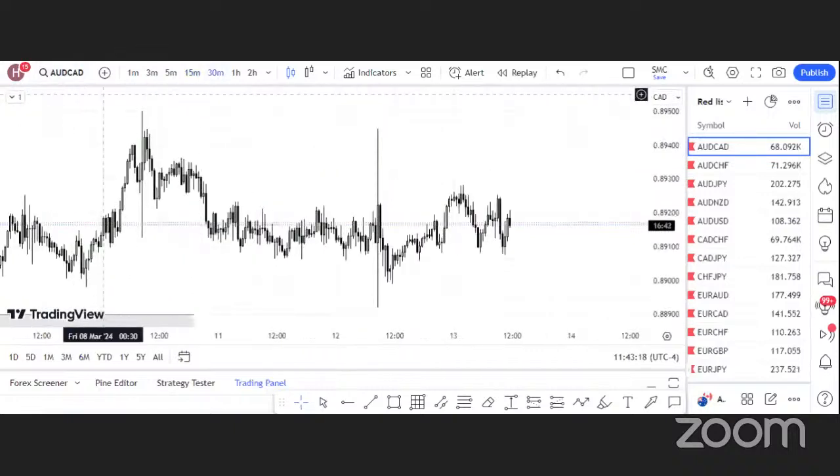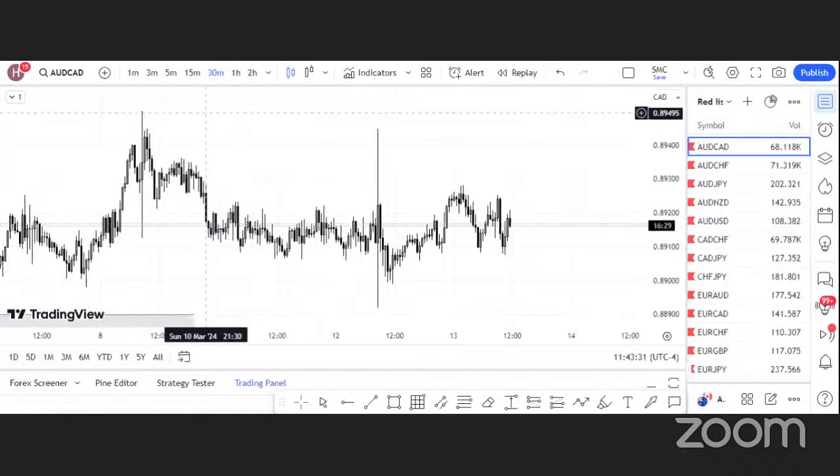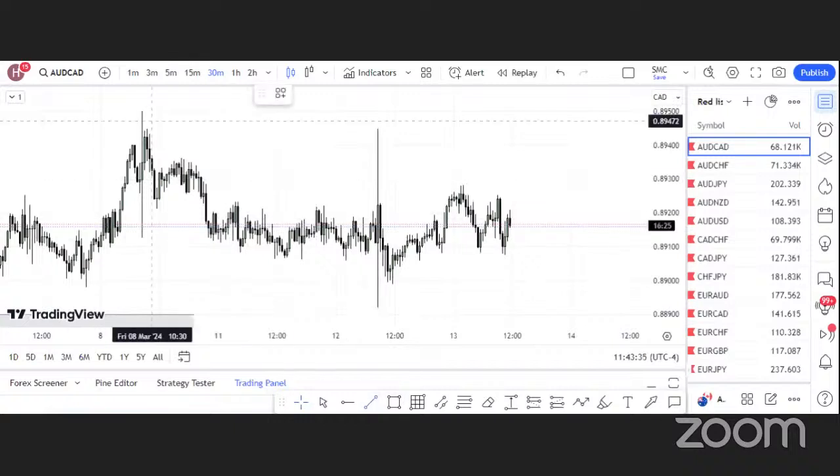Okay, so we are currently on the forex instruments. Here we have AUDCAD.